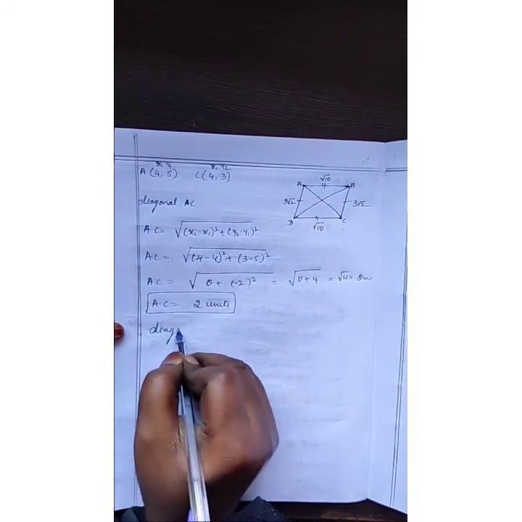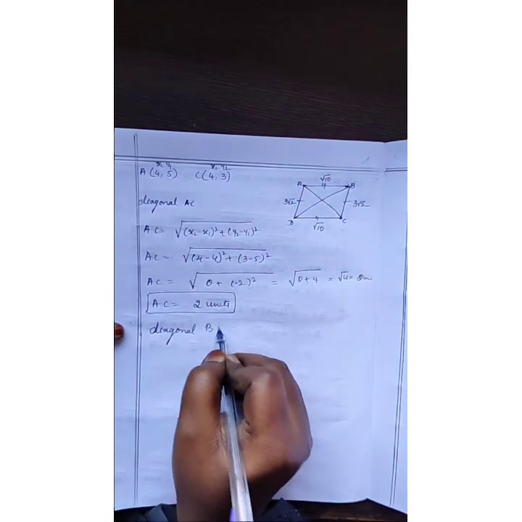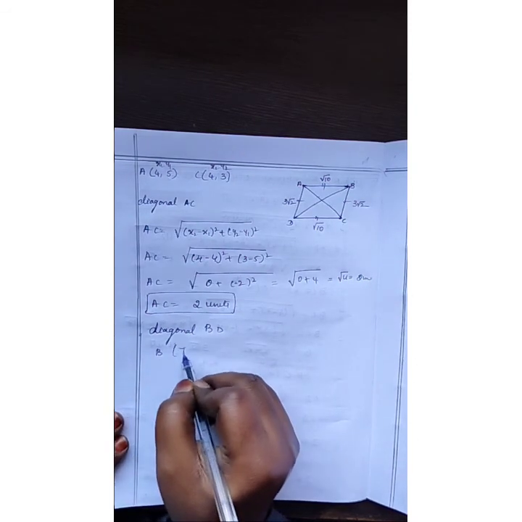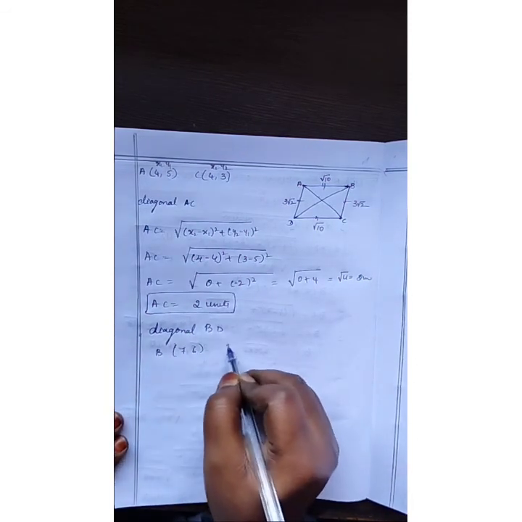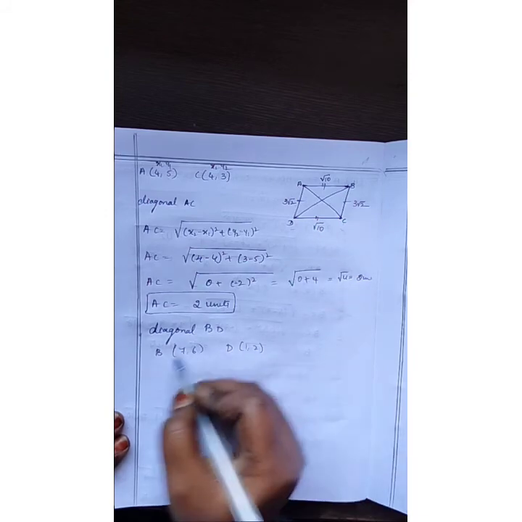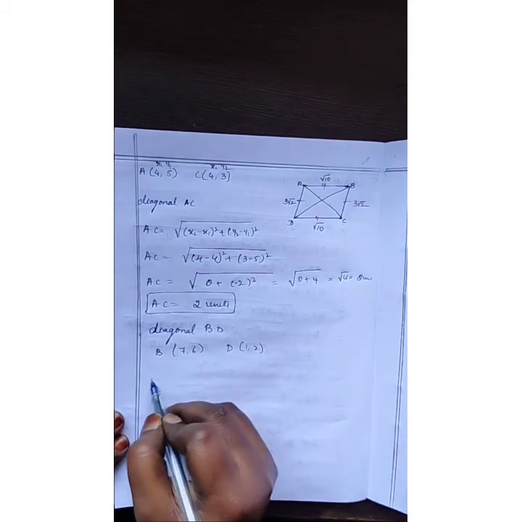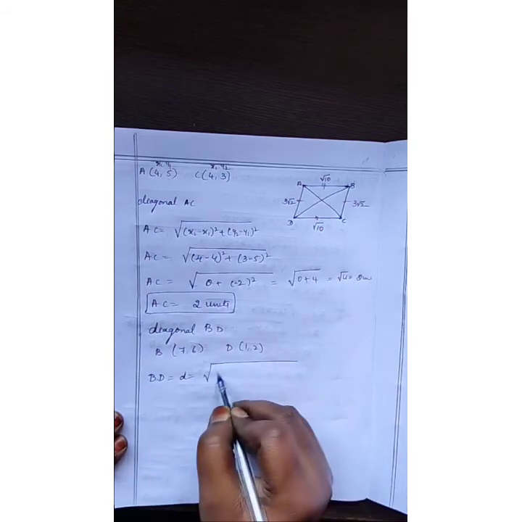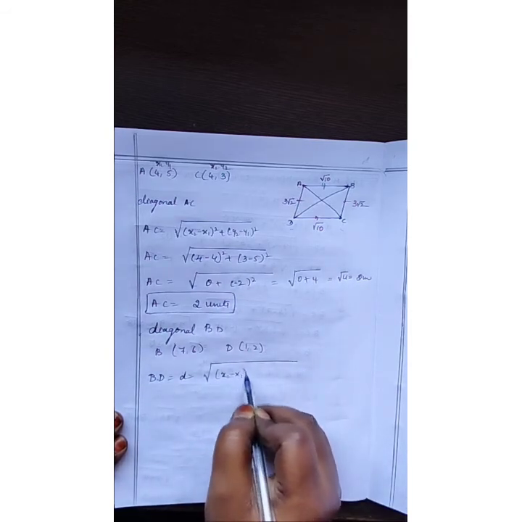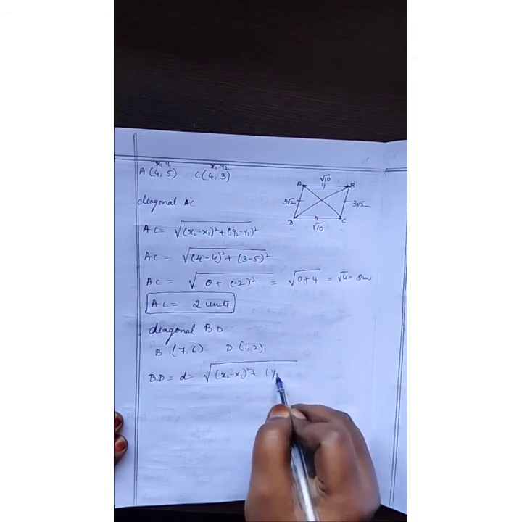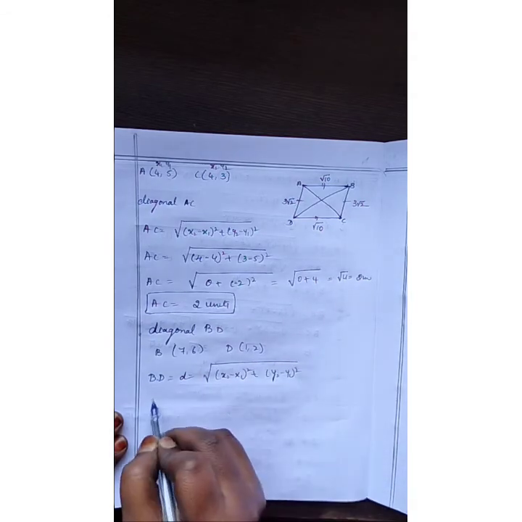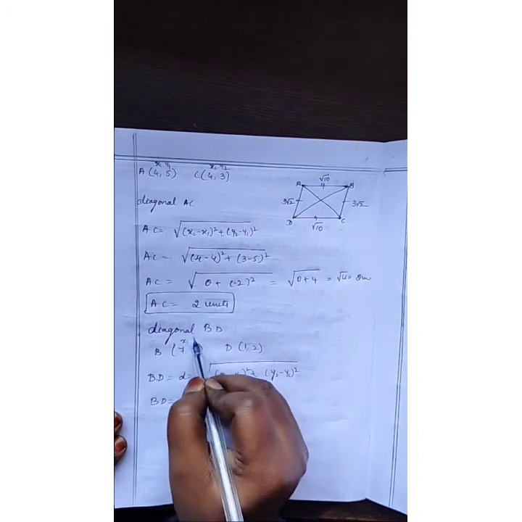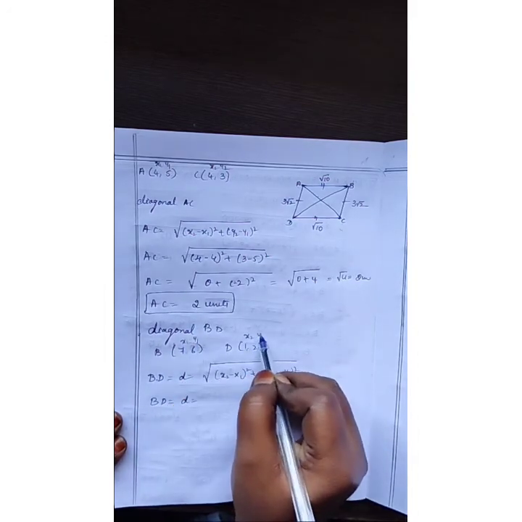Diagonal BD. Now write the B value. The point B is 7, 6 and D value is 1, 2. Substitute these values in the distance formula. BD equals root of x2 minus x1 whole square plus y2 minus y1 whole square. Consider this as x1, y1 and this as x2, y2.